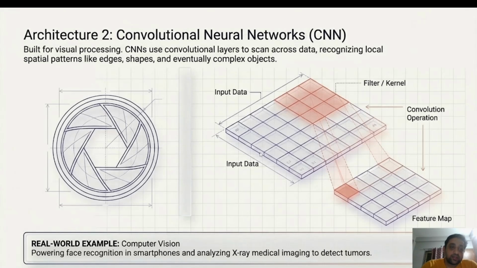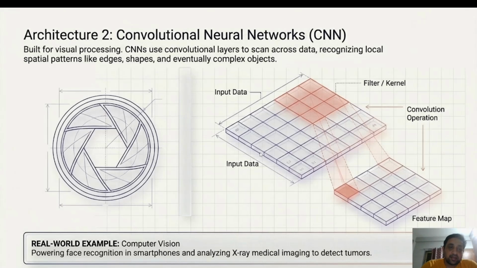Similarly, in hospitals, CNNs analyze chest x-rays and MRI scans to detect tumors, fractures, and disease, sometimes catching anomalies that radiologists miss on first glance.